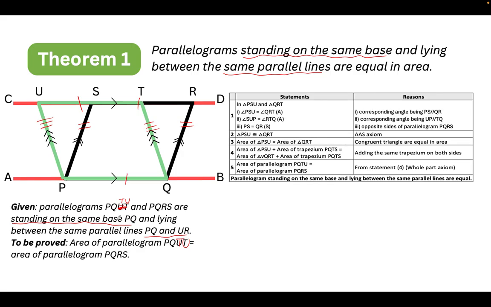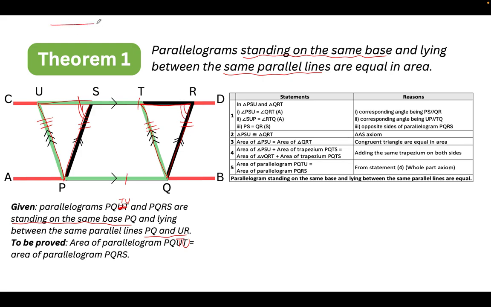Now we will solve this. I have mentioned it on the table, and I will explain this table to you. Here we will first consider two triangles, triangle PSU and triangle QRT. Angle PSU is equal to angle QRT. You can ask why?